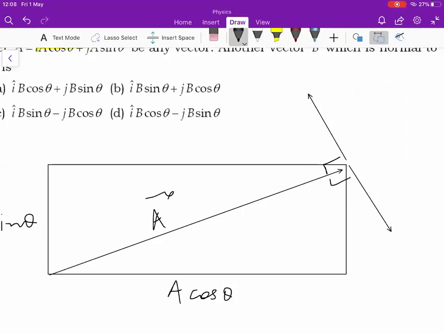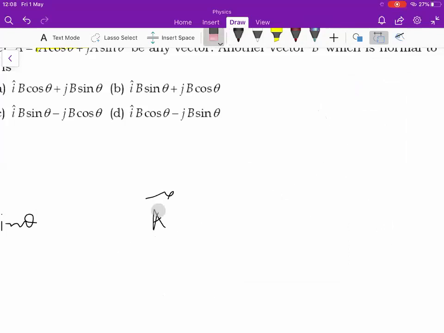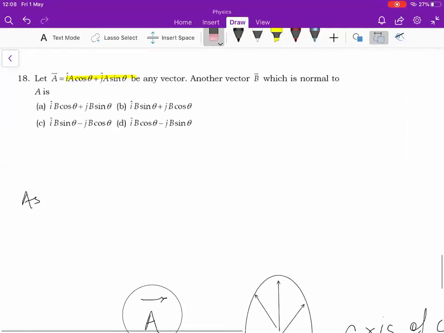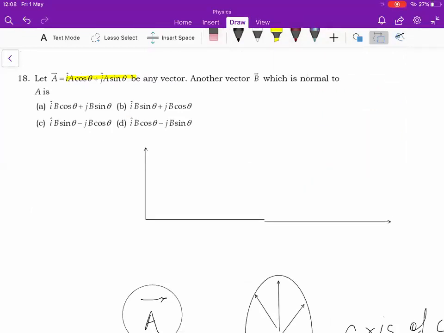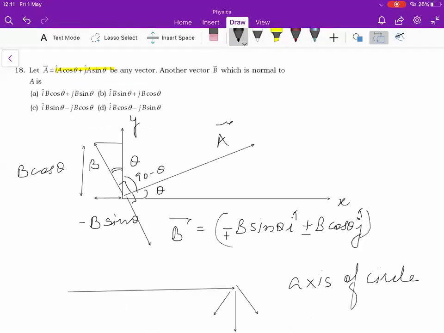Both are correct options. So now let us simplify the situation. ठीक है, तो इसको आप लिख सकते हैं अभी.